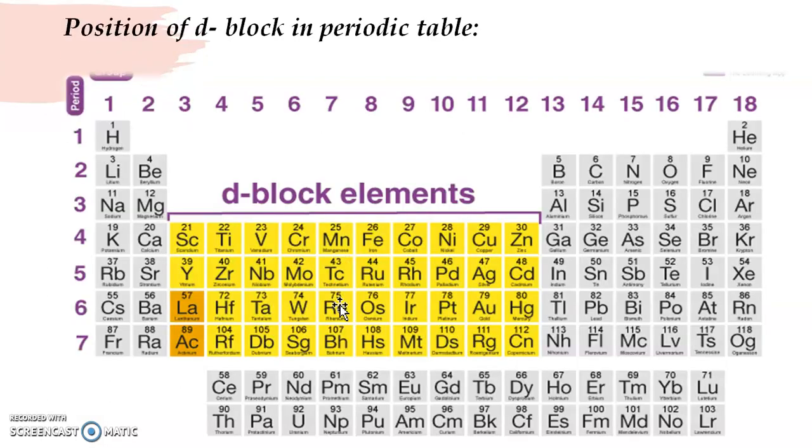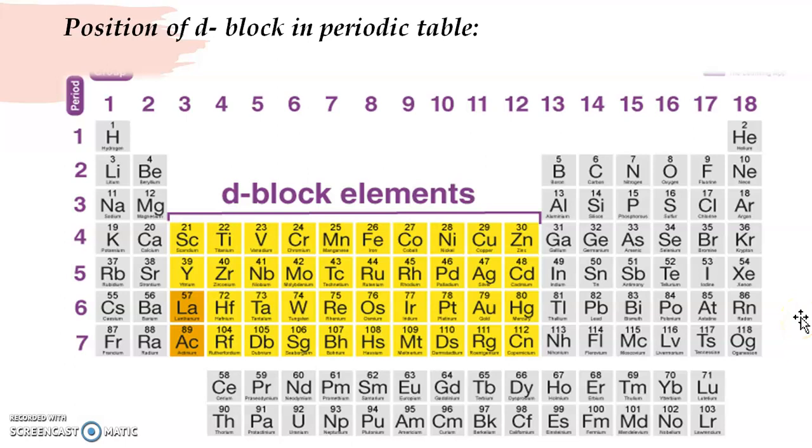So, let us first see what is the position of D block elements in the periodic table. As you can see in this image, this yellow portion indicates the D block elements, which lie between the S block elements and P block elements. Or you can say the D block elements are located in the middle of the periodic table and consist of metals only.